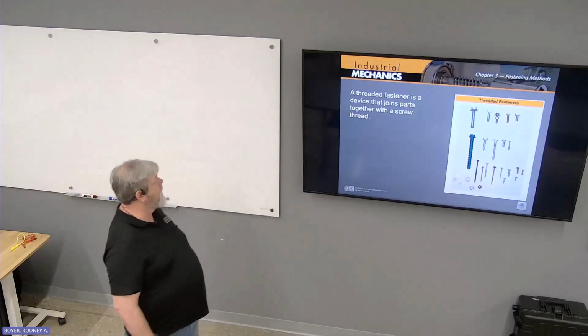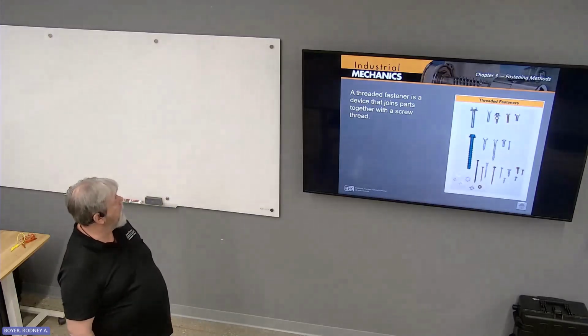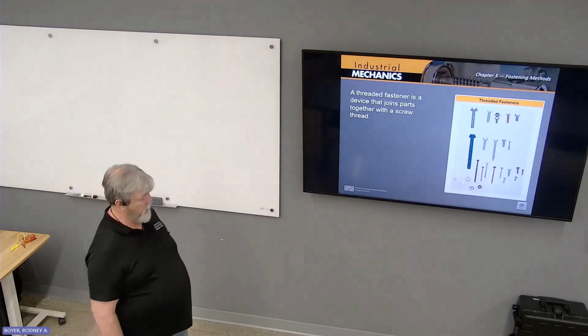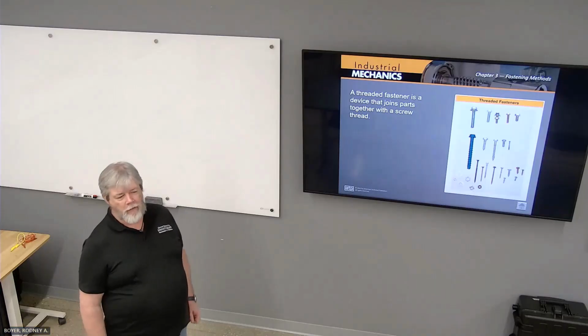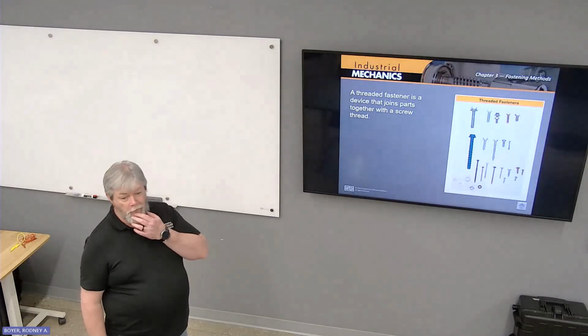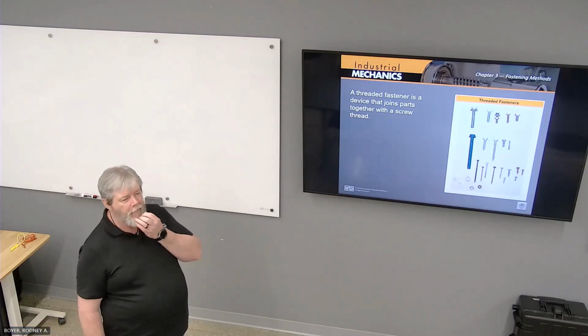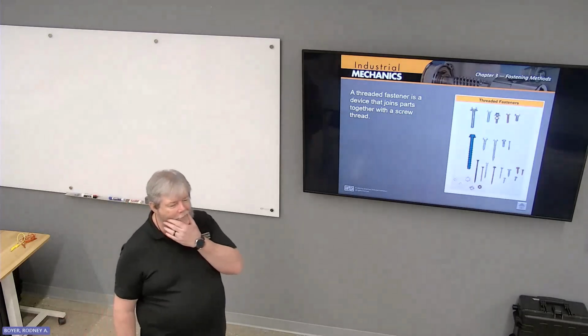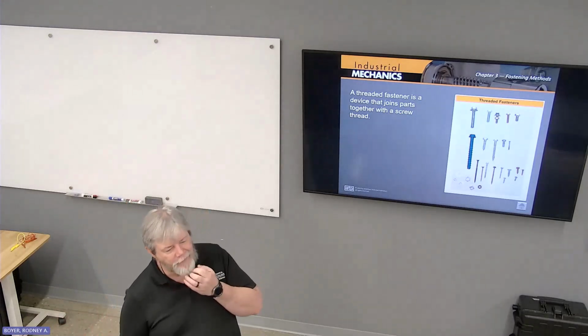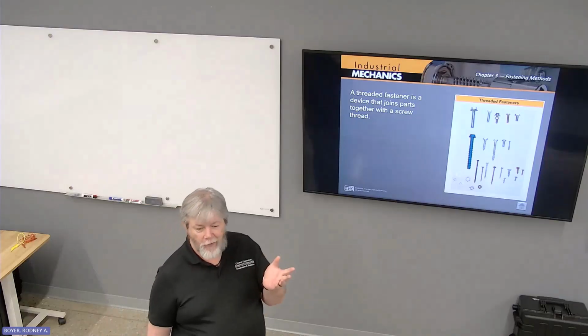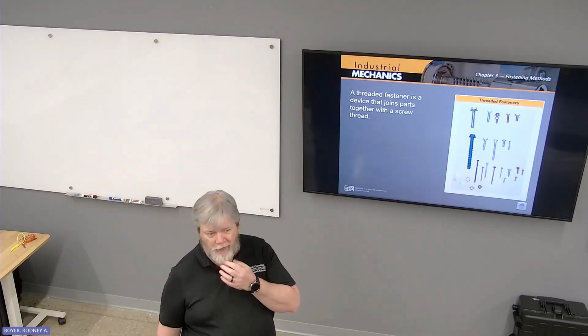So, a threaded fastener is a device that joins parts together with a screw thread. Well, what if you don't know what a screw thread is? I think at this point in our lives, we pretty much all know what a screw is, though.